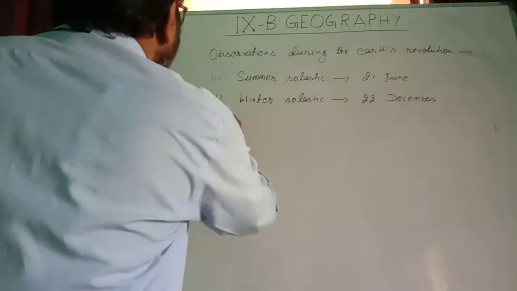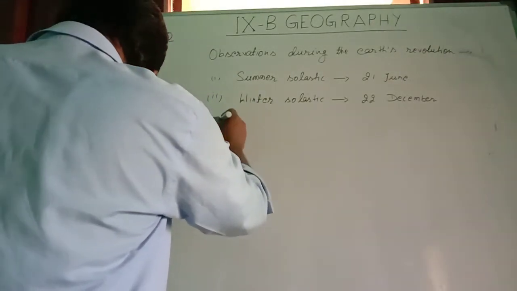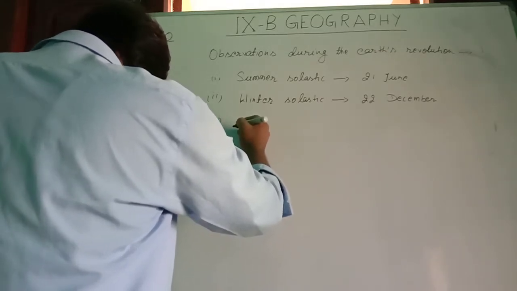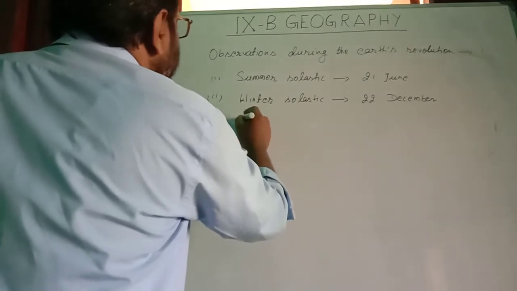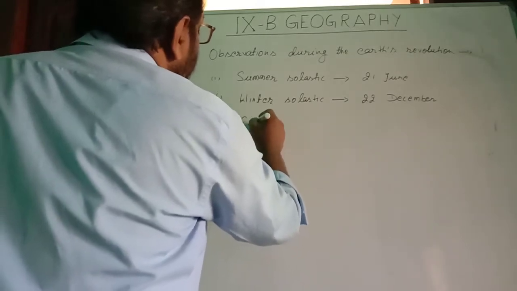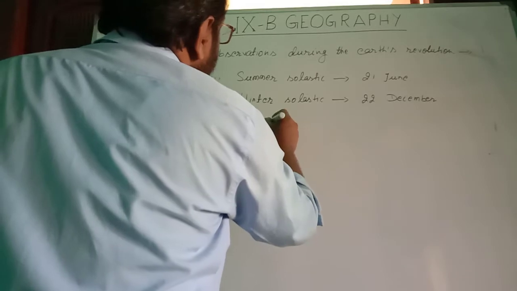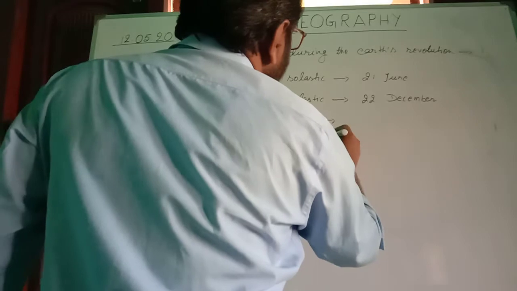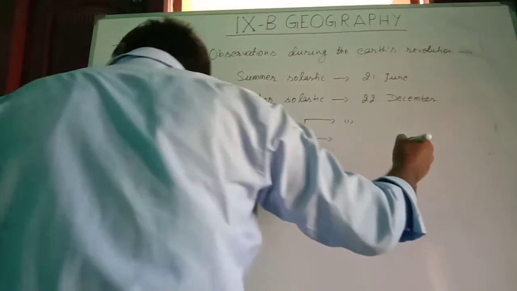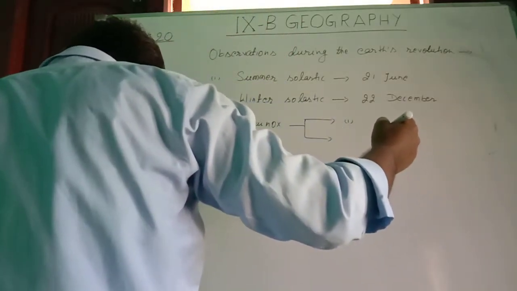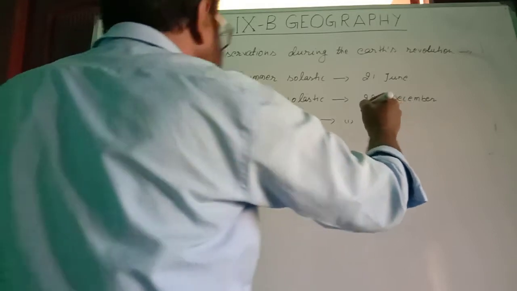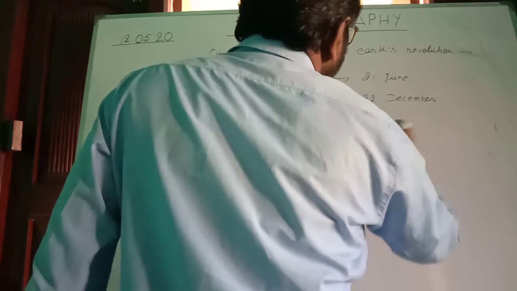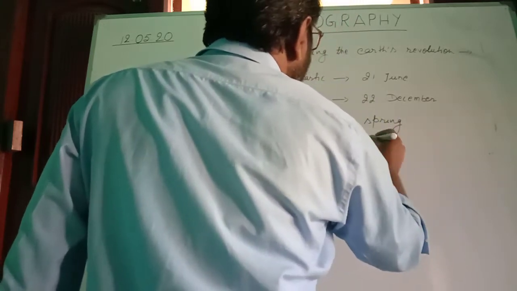The third terminology under these observations is equinox. There are two: first is spring equinox, and second is autumnal equinox.